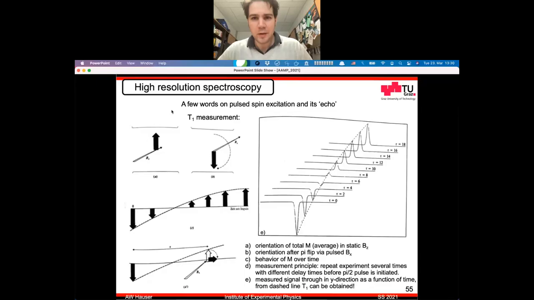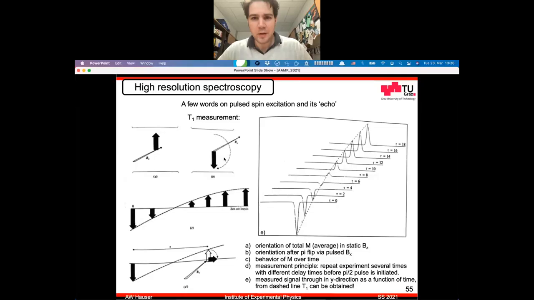And then what you do is the following: to have more sensitivity in measuring what's really going on, you measure along the y-axis with the coil. You put the coil there and you're waiting for a signal according to the precession frequency. Now, in the state you started from, you have no net component in the xy plane, so there is no signal.